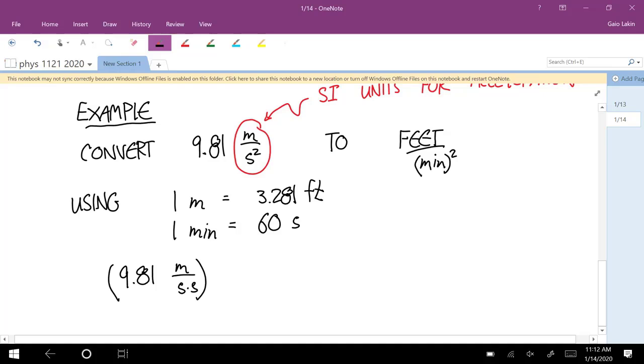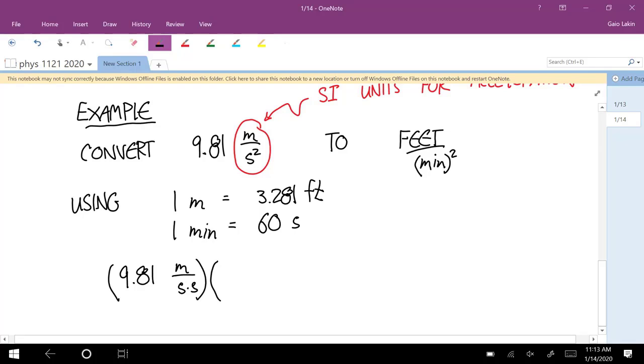And we're going to multiply it by either 1 meter over 3.281 feet or the reciprocal of that to cancel the meters so that our length is in feet now. Well, the meters are in the numerator, so we want the meters of our conversion factor to be in the denominator.